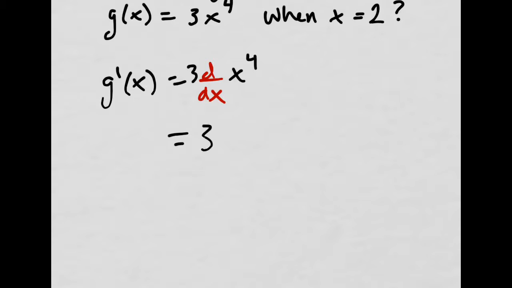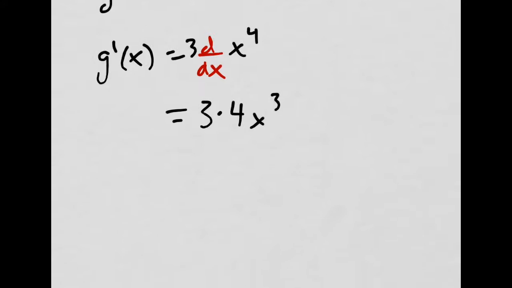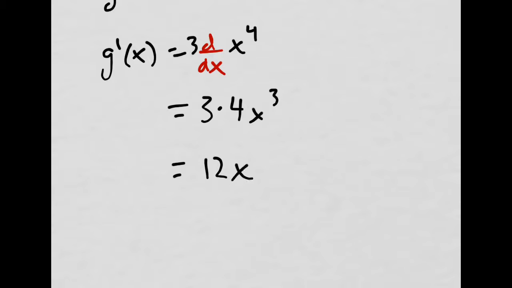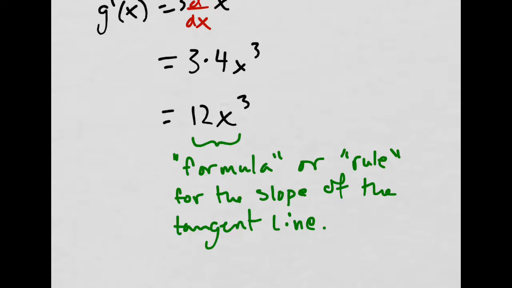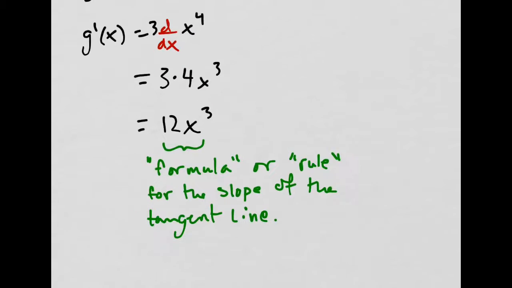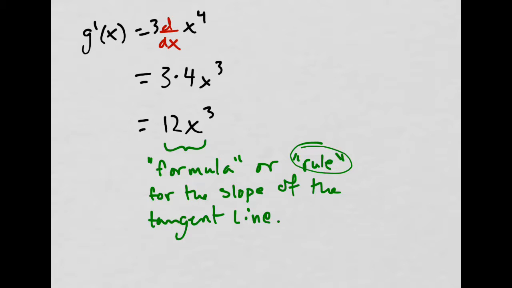That's just 3 out front. We bring the 4 down, so it's times, and then x to the 3rd, since I subtract 1. So that's actually 12x to the 3rd. So this is the formula or the rule. In the Khan Academy assignment, it'll say rule sometimes. So that's the formula for the slope of the tangent line.